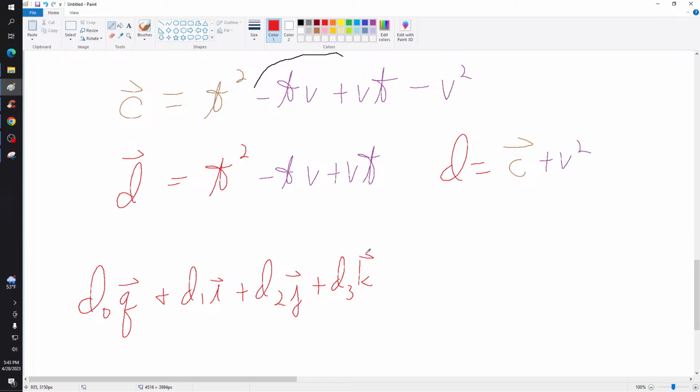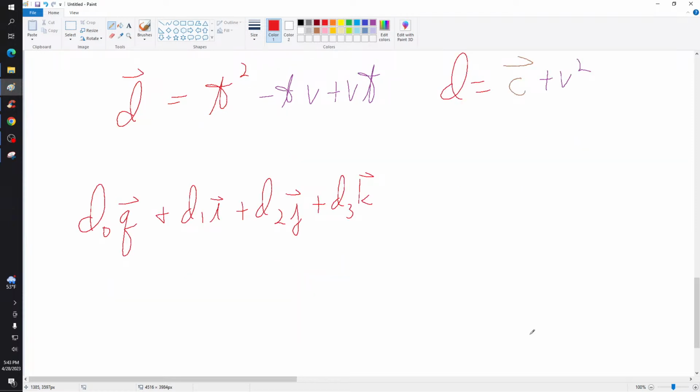T is completely unknown, but V is not. V, this is the vector D. V is equal to V null, that's the real part. I actually notate it as a vector, V1 i plus V2 j plus V3 k.